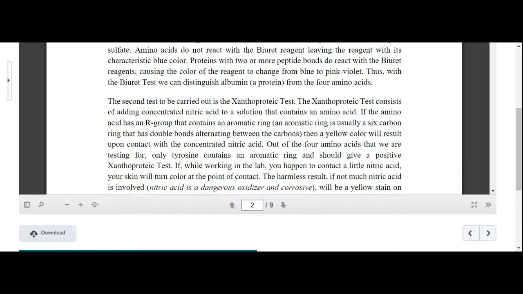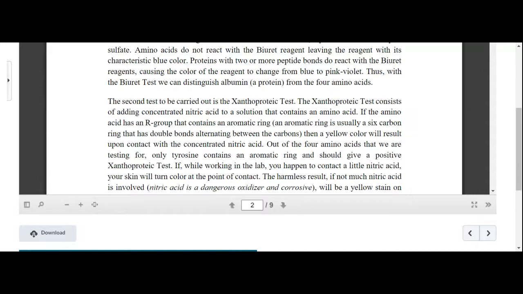For the second test, we are going to add the nitric acid. When you add the nitric acid, if the R group in the amino acid is an aromatic ring, then yellow color is going to appear. So when we add nitric acid to the next 4 test tubes, any one that changes to yellow color means that the name for that is going to be tyrosine.